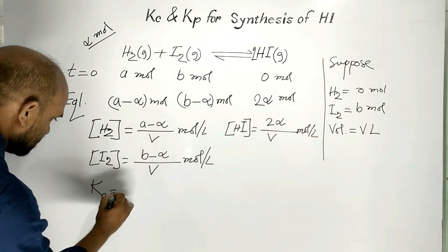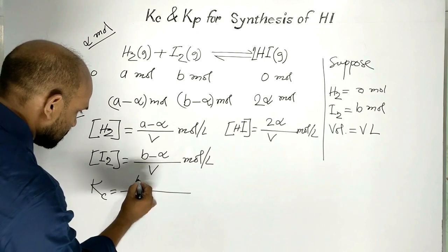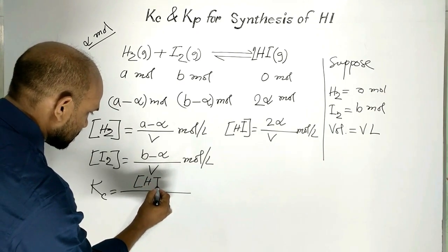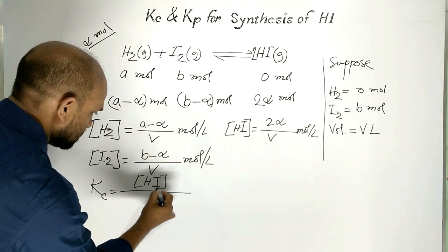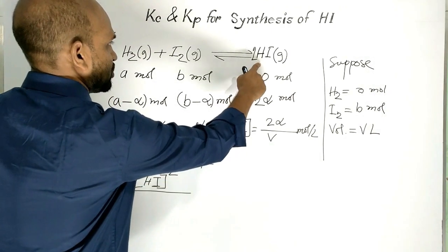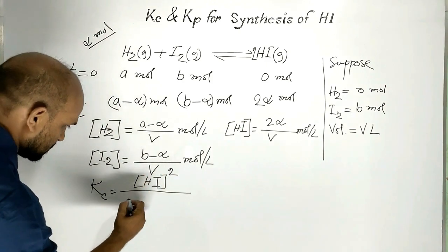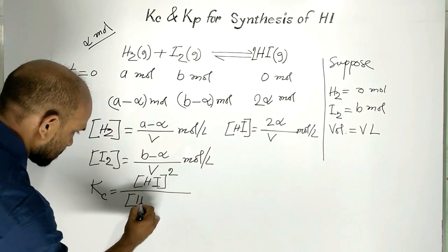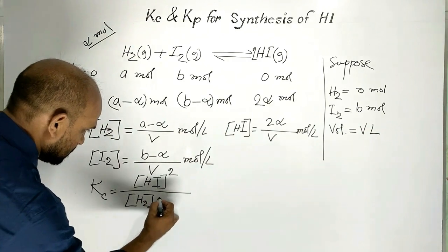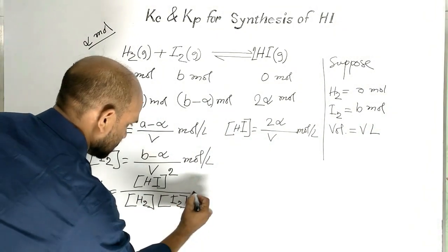Then Kc, according to the law of mass action, is equal to the concentration of hydrogen iodide, whose coefficient is 2, so this 2 will be as power, divided by concentration of hydrogen into concentration of iodine.